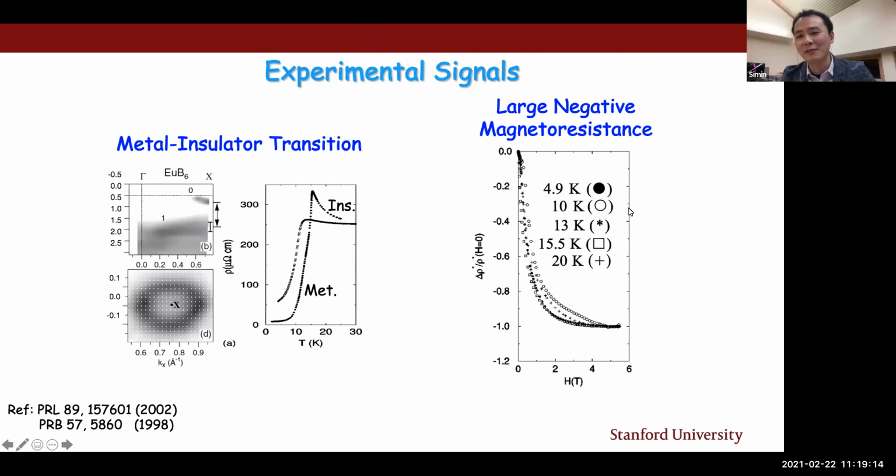That's a very interesting question. Actually we don't know. What we can know is that one feature of the chiral anomaly is that only when the magnetic field and electric field are parallel, then you will have the chiral anomaly and the negative magnetoresistance. Once the angle is not 0, then this magnetoresistance will become positive.